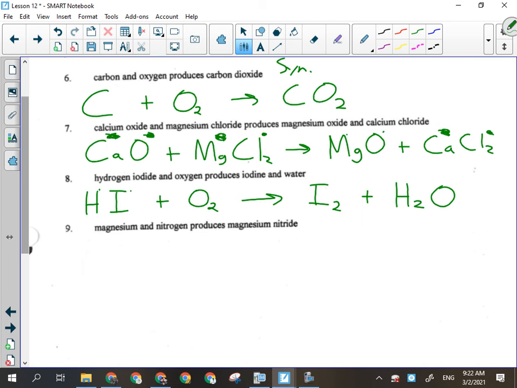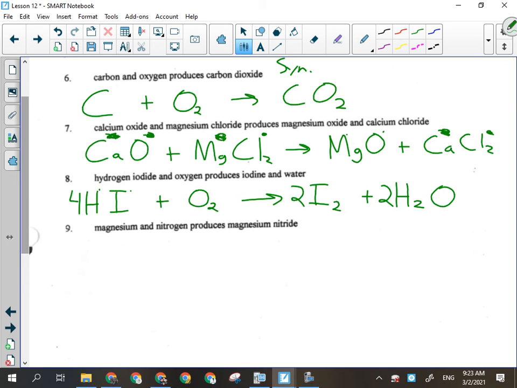There's lots of 2's in here, but I think my best bet is to start with oxygen, because it's in a smaller number with a bigger number on the other side. So 2 oxygens here, so I need to put a 2 here, which gives me 4 hydrogens. So I go back here and put a 4 in front of this. That gives me 4 iodine, so a 2 in front of that. Now my reaction is balanced.